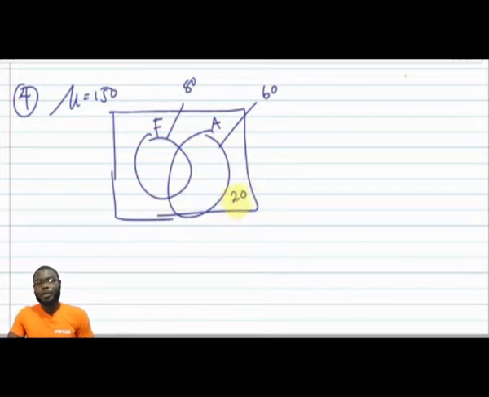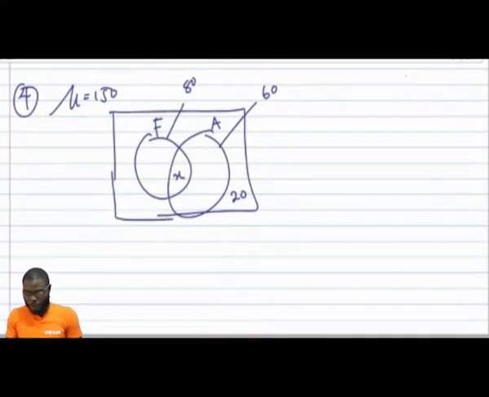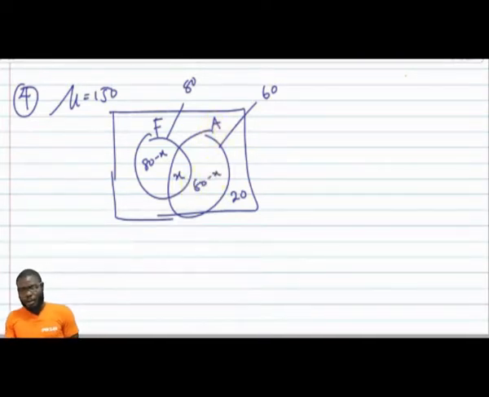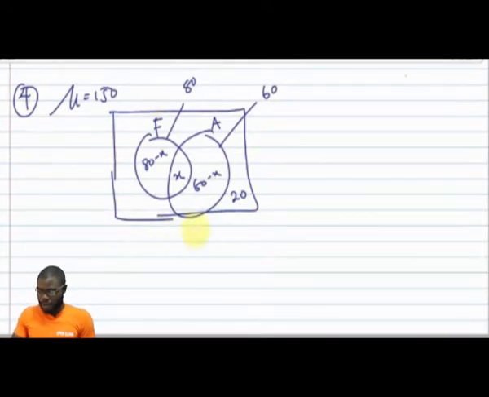Then how many students offer both subjects? So the students that offer both French and Arabic would be here. Let's call it X, that we don't know. So students that offer French only will be equal to 80 minus X. And students that offer Arabic only will be 60 minus X. Now, if you sum up everybody in the class, it will sum up to 150, the total number of students.